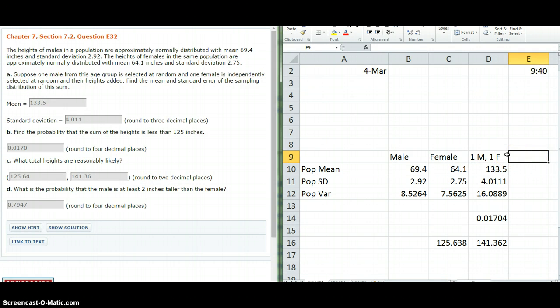Okay, so back to this. What we're looking at now is male minus female. For the population mean, this is fairly straightforward, where we just take the average male minus the average female. The variance is a little bit harder to understand, I guess, because we have the variance of this and we have the variance of this.